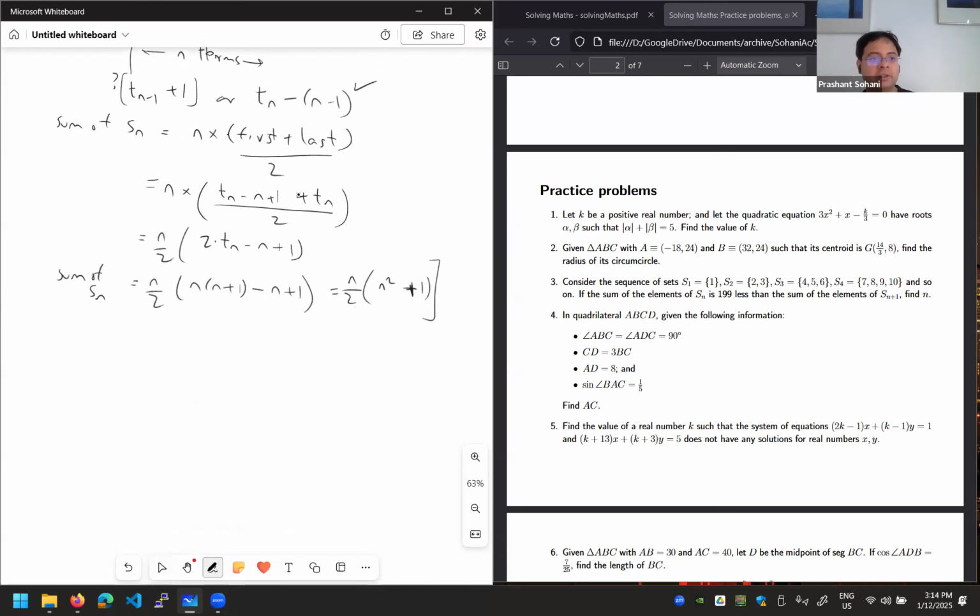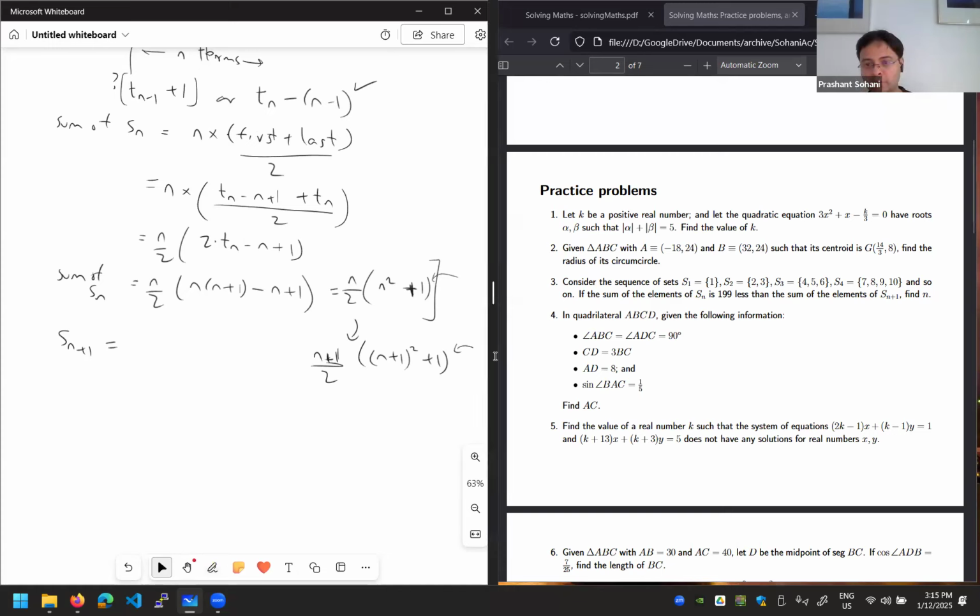Okay, and in the same way, the sum of the next bracket, Sn plus 1, in this formula, if I just replace n with n plus 1, I will get the answer for the next set. So therefore, the next set has the answer n plus 1 by 2, and here I have to do n plus 1 square plus 1. Okay, so this is the sum of the terms of Sn, and this is the sum of the terms of Sn plus 1.